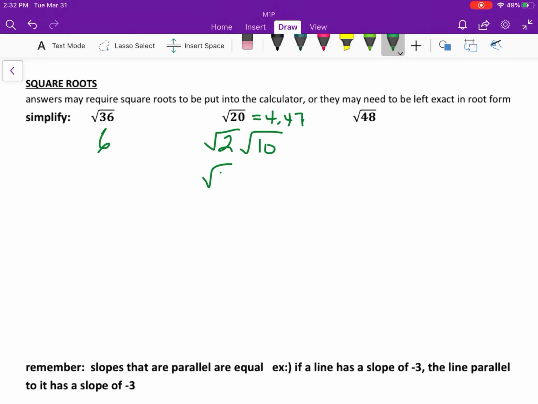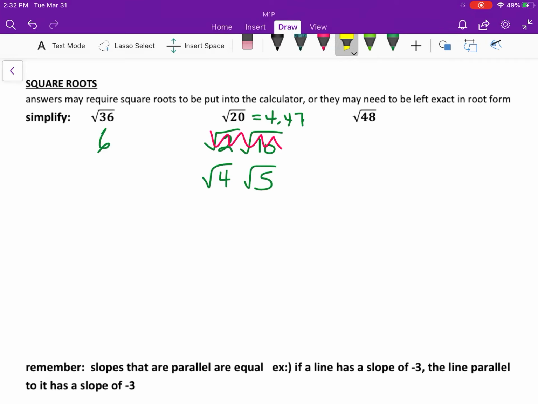I know 4 and 5 work. 6 doesn't, 7 doesn't, so that puts us back to where we were. Now what you want to do is look for the pair that has the biggest perfect square root in it. Well, 2 and 10, neither one of them are perfect, so I can get rid of that.